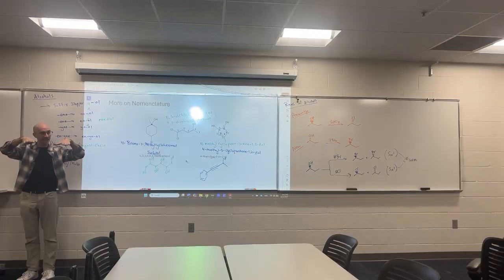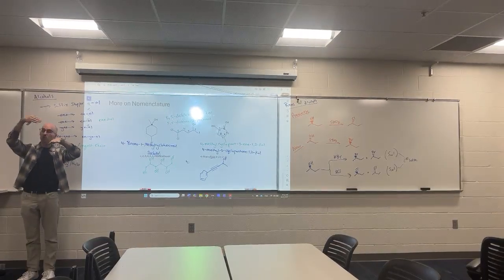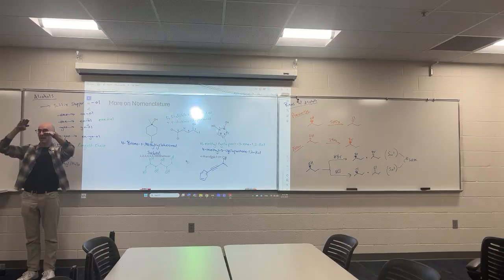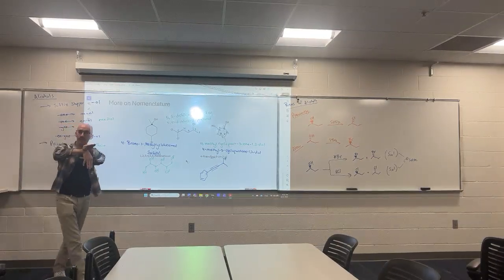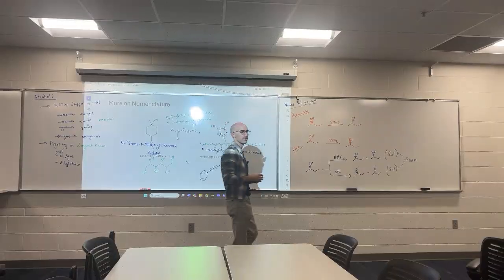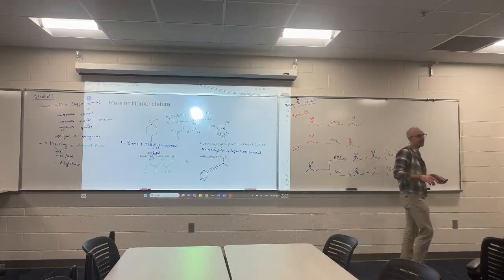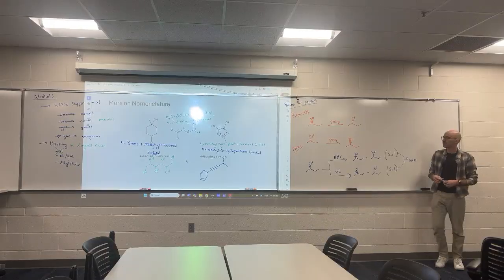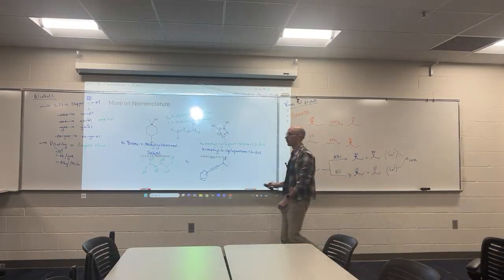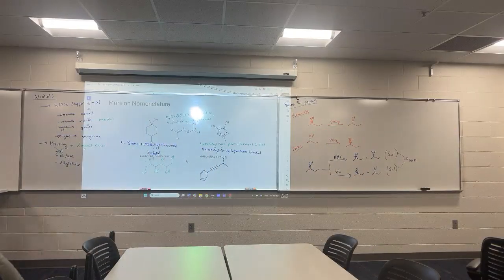You have a flat achiral carbocation. The new group can attack from either face, giving you R or S configurations on your chiral carbons. The S and the N stand for nucleophilic substitution. The 1 is for first order. And again, we'll talk more about why it's first order. Okay, so we can substitute.